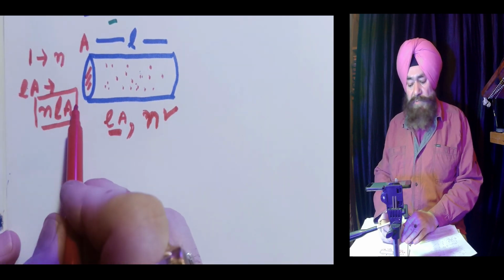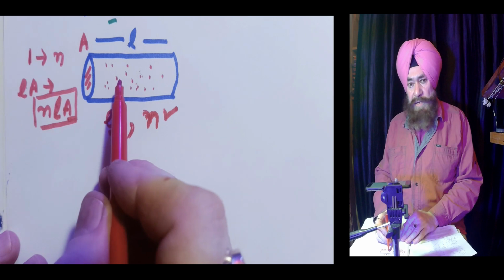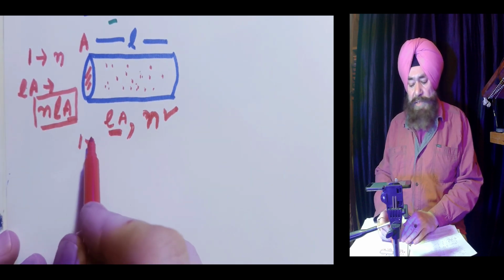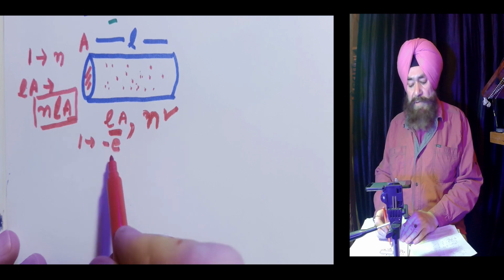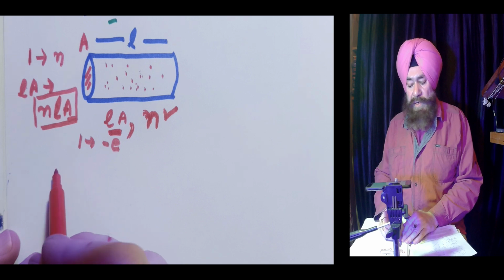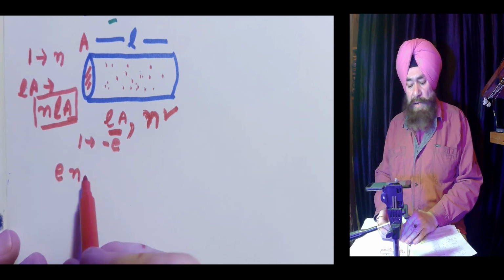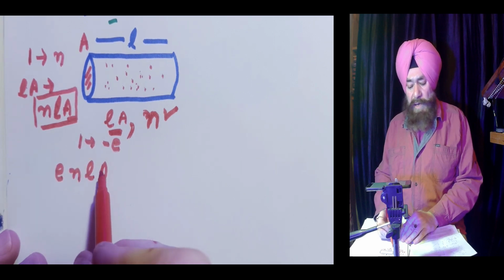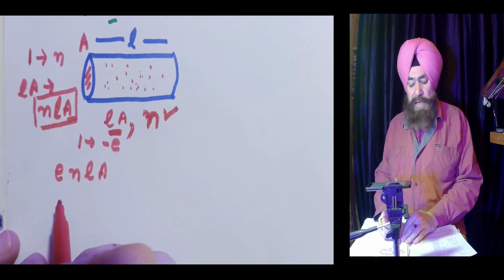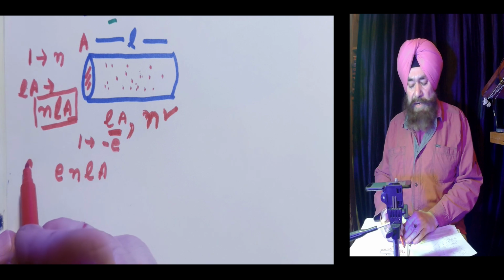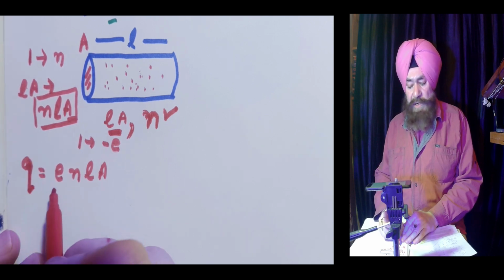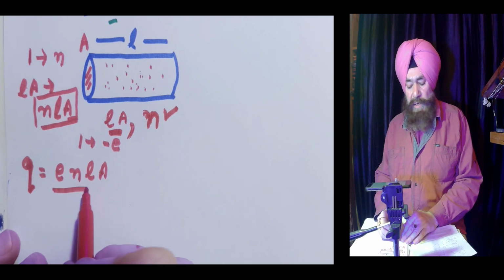The number of electrons equals N L A here, and the charge on one electron is minus e. So the total charge will be e N L A, of course with a negative sign because they are electrons, but let me consider the magnitude of the charge. It is Q equals N e A L.